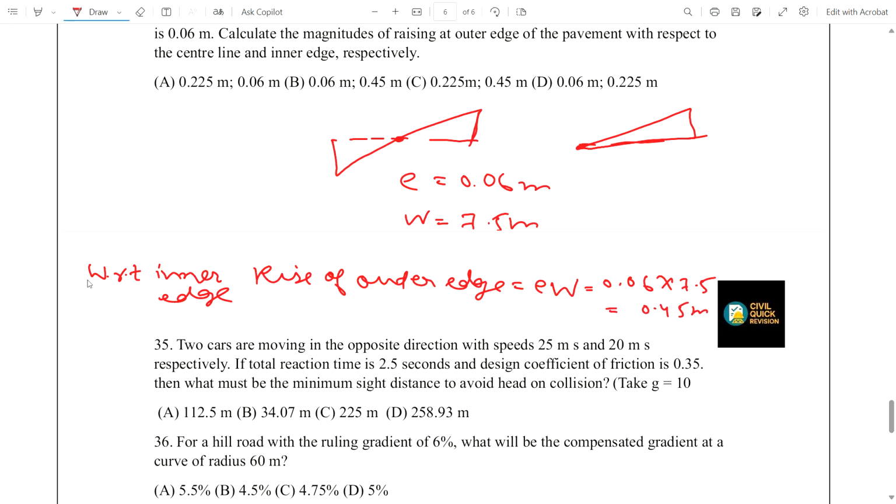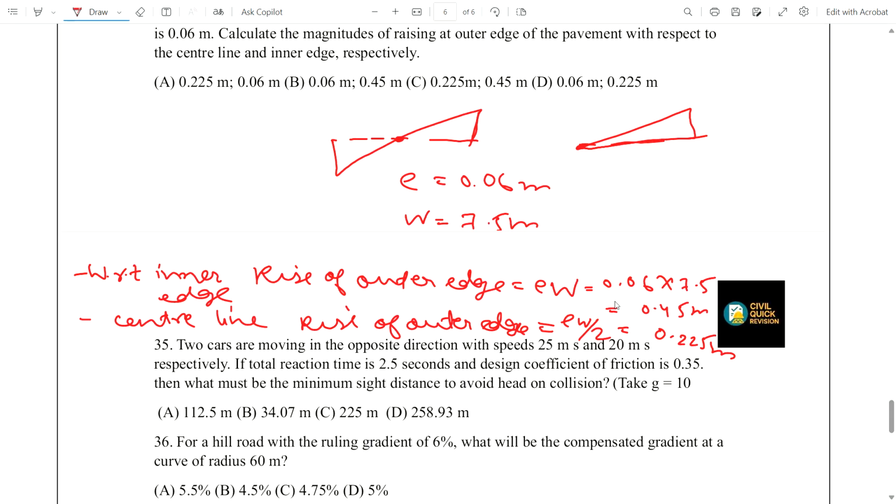Then in the next part, when rotated about center line, with respect to center line, the rise of outer edge is EW by 2. We just divide this value, and we get 0.225 meter.